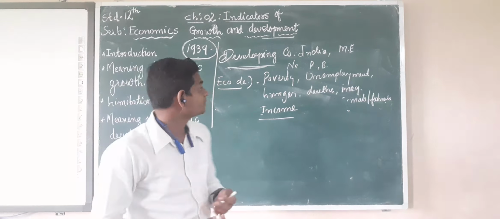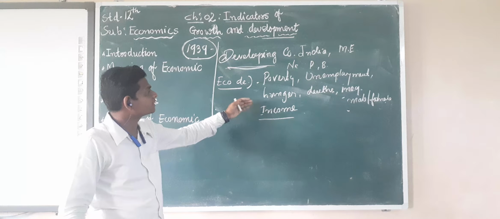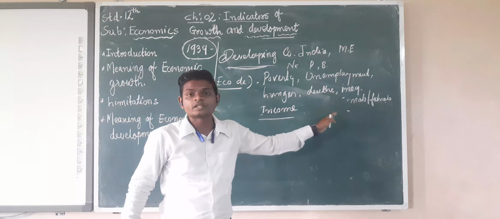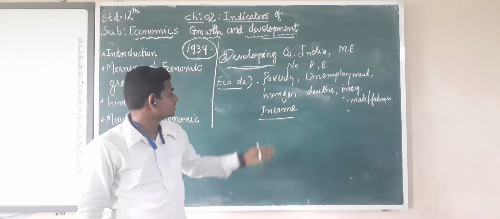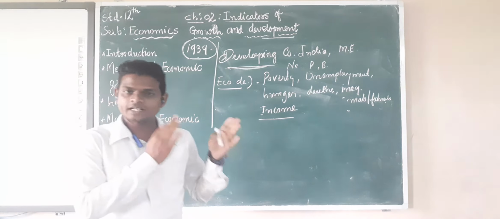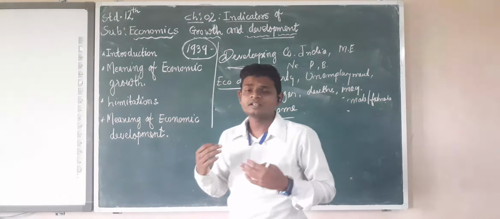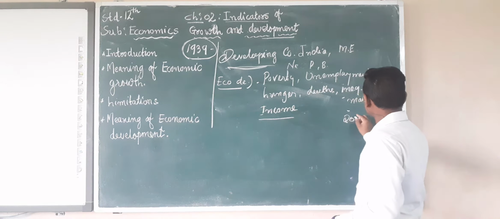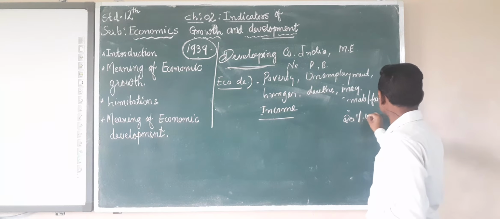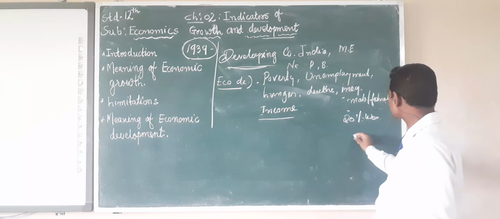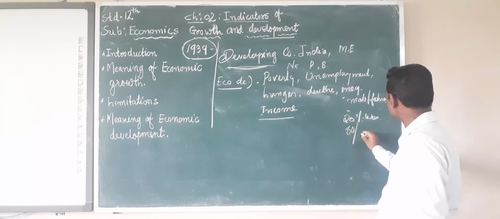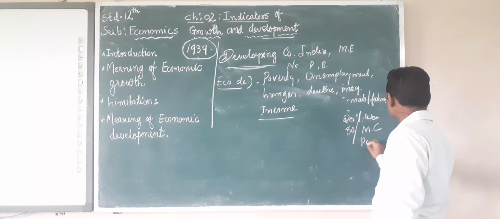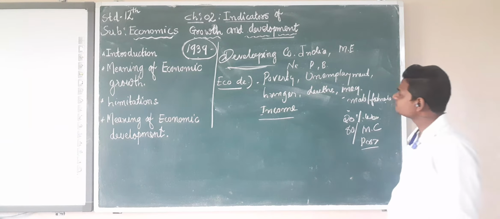Okay, unemployment will be there, poverty is still there, then hunger, death, then inequality between the male and female, and income in our country. The 20% are the rich, wealthy people, and 80% include the middle class, then the poor.